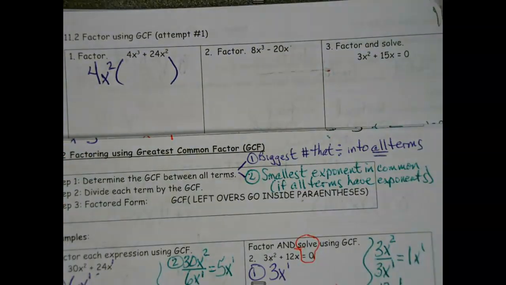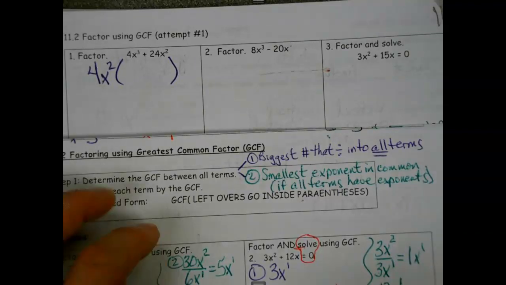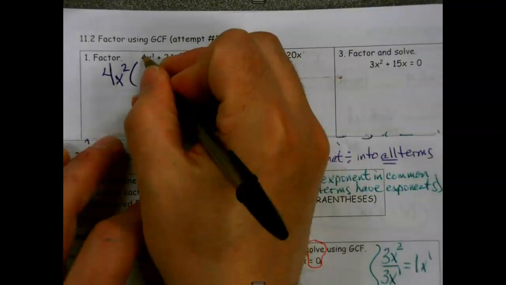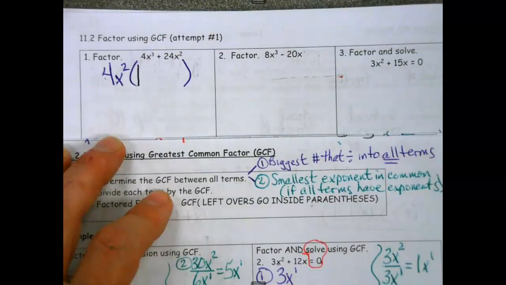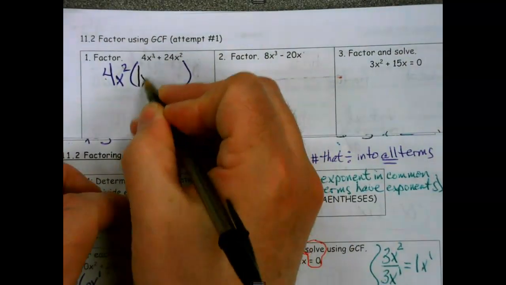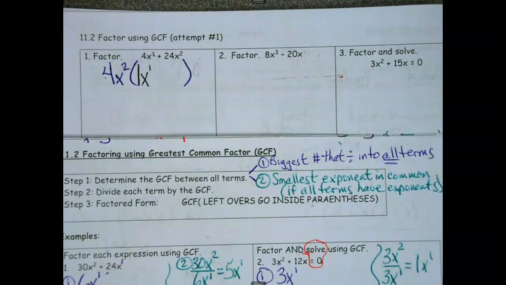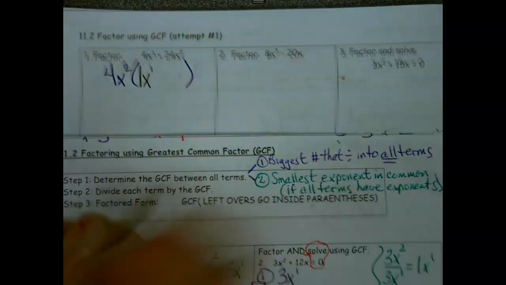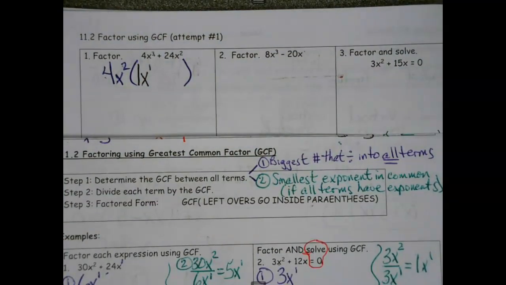Now, to put what's left in there, we're going to do some division. So 4 divided by 4 is 1. 3 minus 2 absolutely is x, or x to the first. Either one's fine. So again, divide the bigs, subtract the littles.